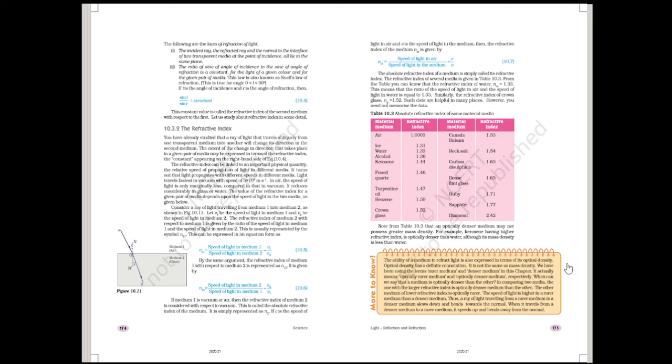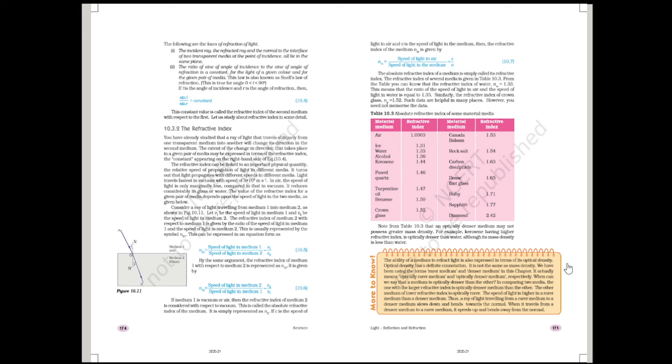Now by the same argument, the refractive index of medium 1 with respect to medium 2 is represented by n subscripted by 1 2.